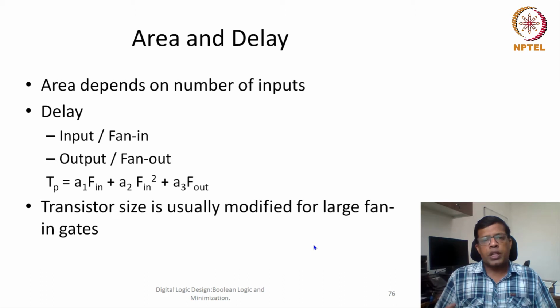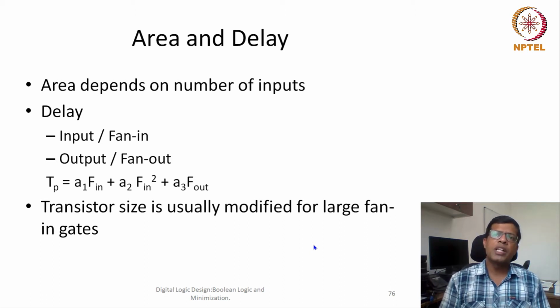This linear expression which we have written for propagation delay is an approximate expression. And A1, A2, A3, these constants also depend on many other things, like what technology or how we are designing these gates.